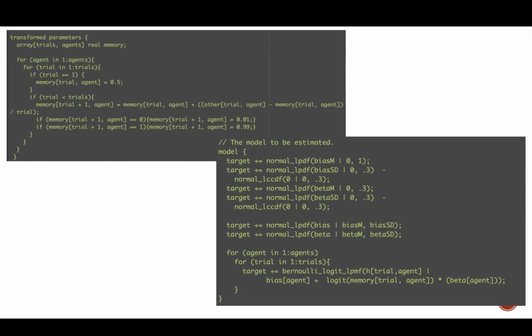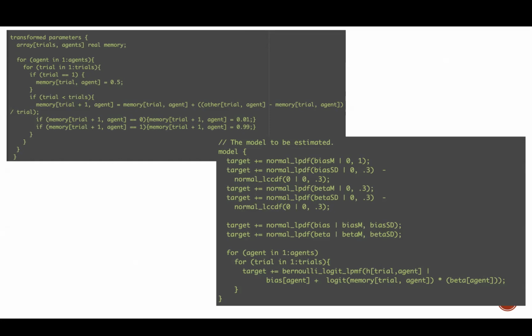If the trial is above 1 and less than the final number of trials, then the memory for the next trial for the current agent is given by the memory for the current trial for the current agent plus the choice of the other for the current trial for the current agent minus the memory for the current trial for the current agent, divided by the trial.